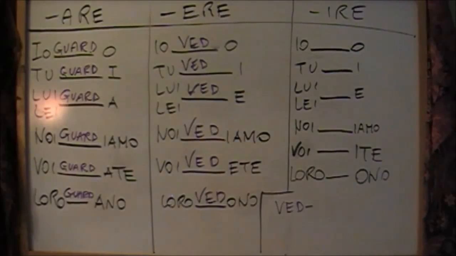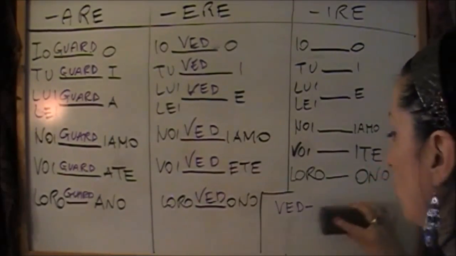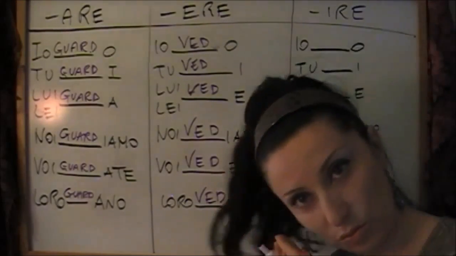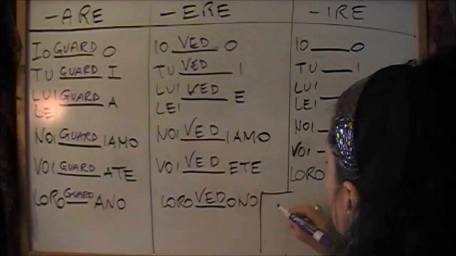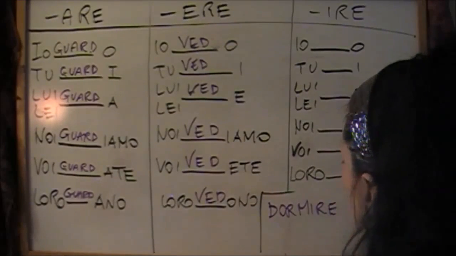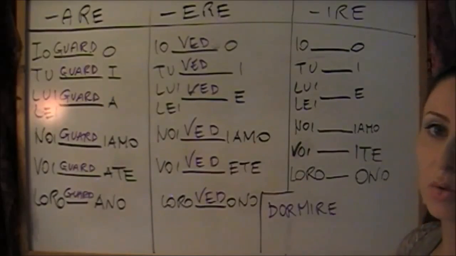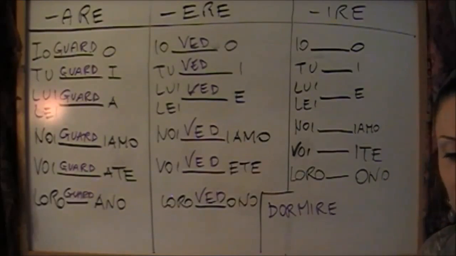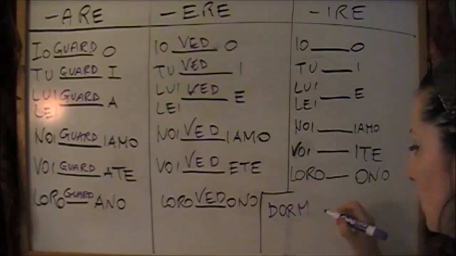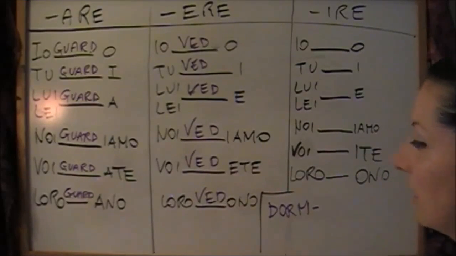So now, the last one that we can do is dormire, that you know already this verb means to sleep. So let's do dormire. Stop the video and do it yourself, and then check if it's right. You should be able to do it yourself. So let's see the solution of this little exercise. Delete the last three letters, it's always the same thing that you have to do. You have the stem.